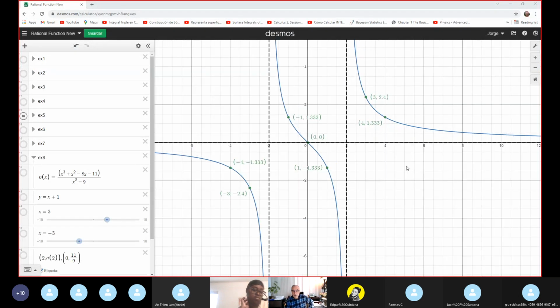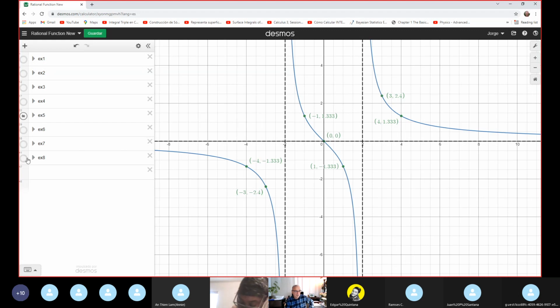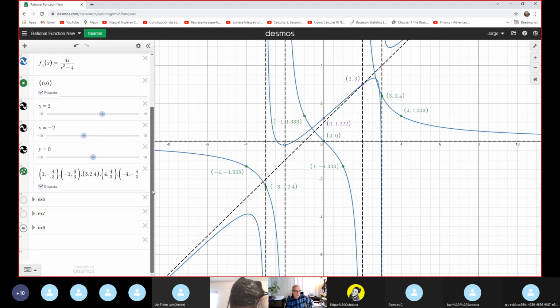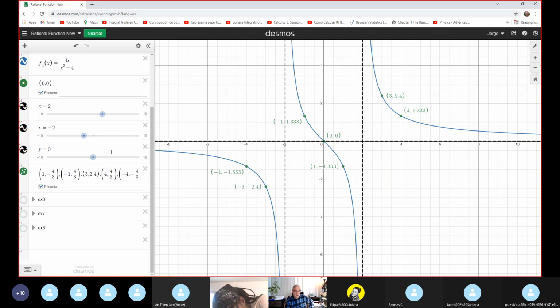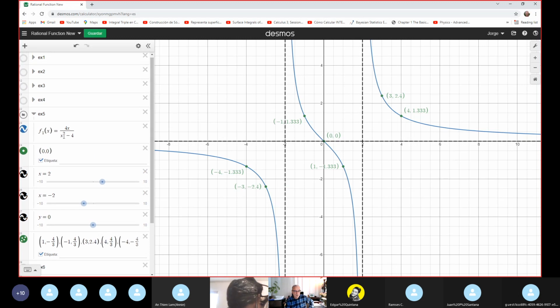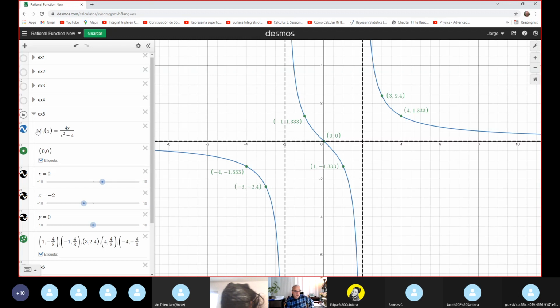Let me zoom. I copy the original function. Look at that, it's the original function. We have 2 vertical asymptotes, 1 at positive 2, 1 at negative 2. We have 1 horizontal at 0. Look at that. And we have different points.